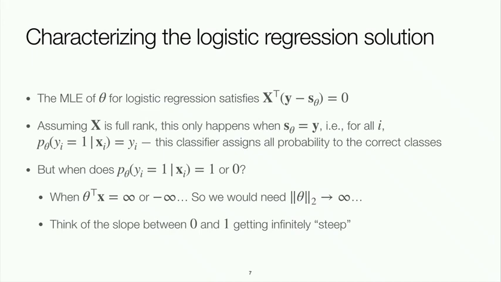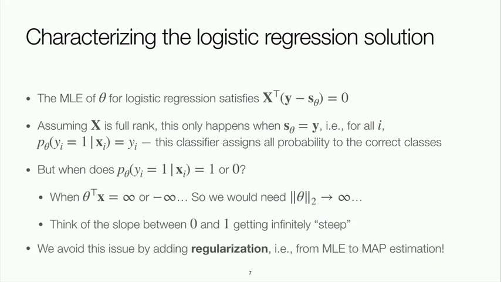That's what we were talking about when we discussed MAP estimation. So there's the same solution here, where we don't want our theta to grow unboundedly. What we're going to do is add regularization to the problem. Another way to say it is that we're not going to do MLE. Instead, we're going to do MAP estimation.